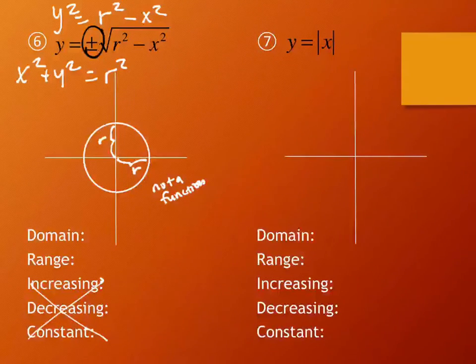Okay. Now, I mentioned that it had a radius of r. So all these lengths are r, right? So this is the most interesting one that we've done so far with domain and range. What's the domain? Very good. And I use brackets, right, Maggie? Yep. It starts at negative r on the x-axis, and it comes all the way over to positive r on the x-axis.